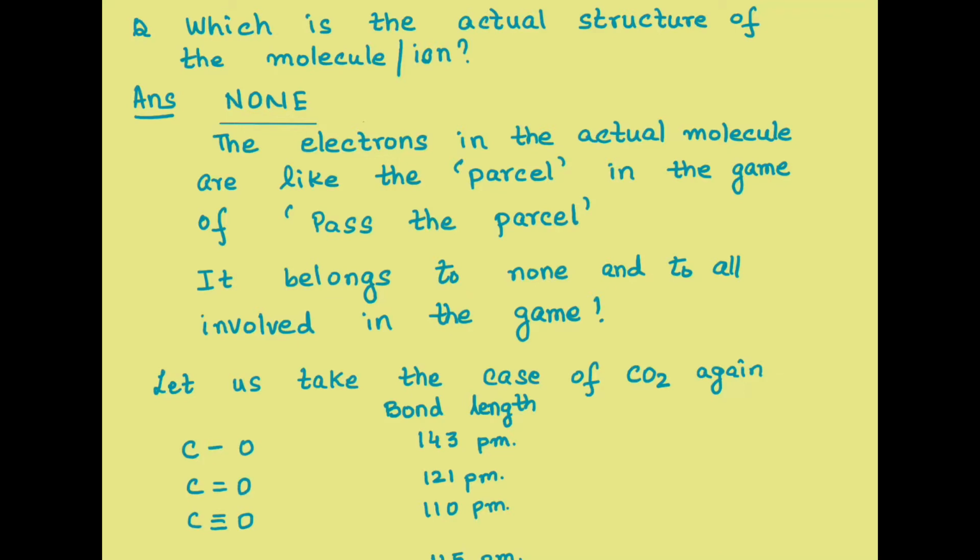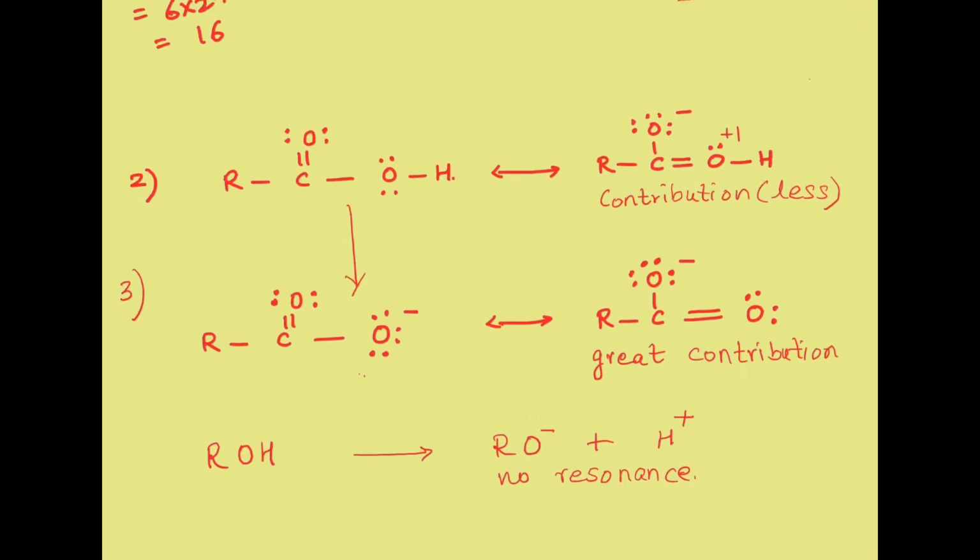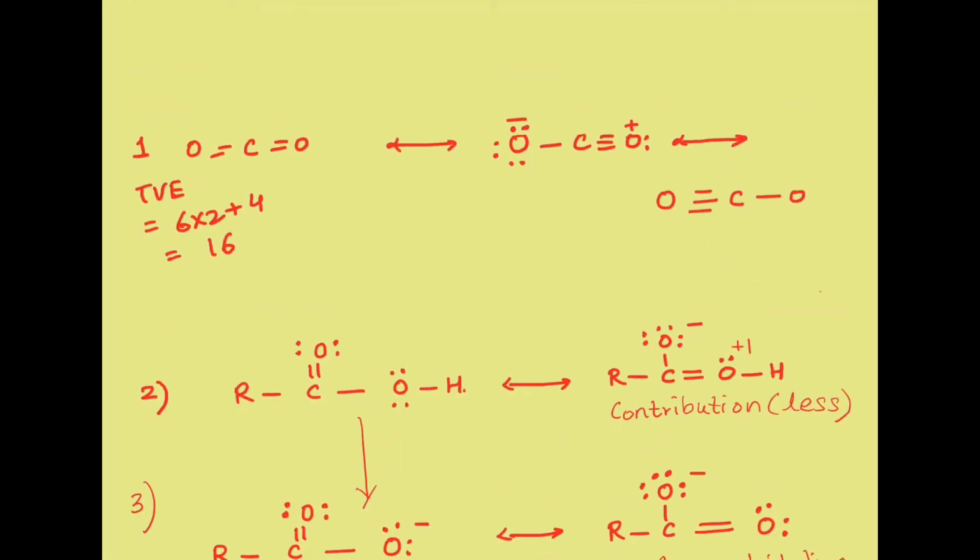So what is happening is the electron is getting delocalized. So when it is delocalized, it is all over the place, right? It's going here and there, as we have seen in the case of a number of molecules. It's not remaining confined.